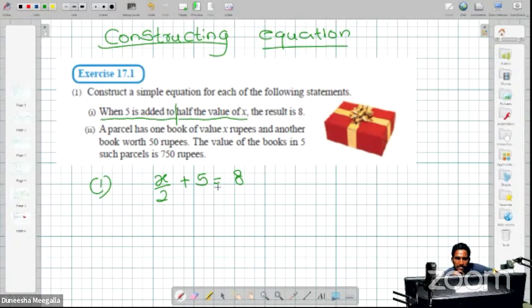A parcel has one book of value x, and another book worth 50 rupees. What is the value of one parcel?